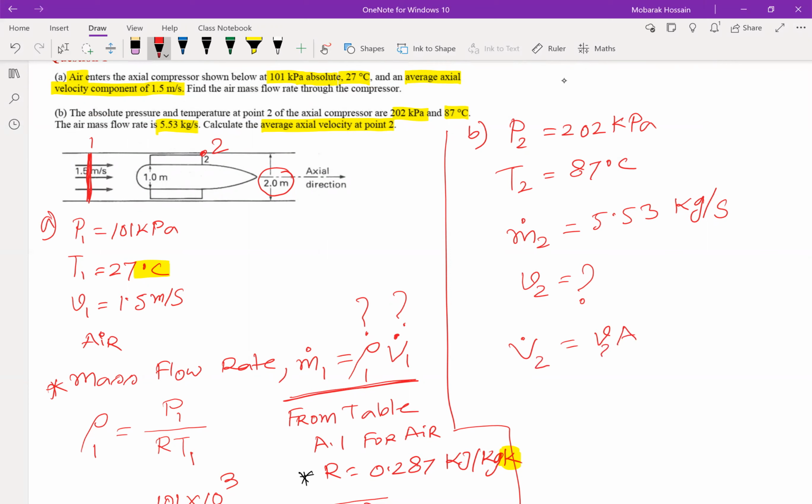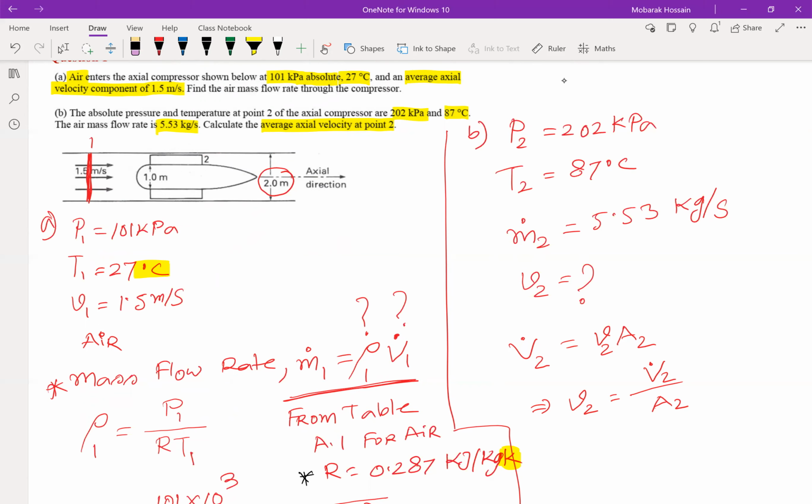We will find out the velocity for point 2. It will be the volume flow rate for point 2 divided by area. Point 2 area we can find out, but volume flow rate is unknown. So let's find out the area first.